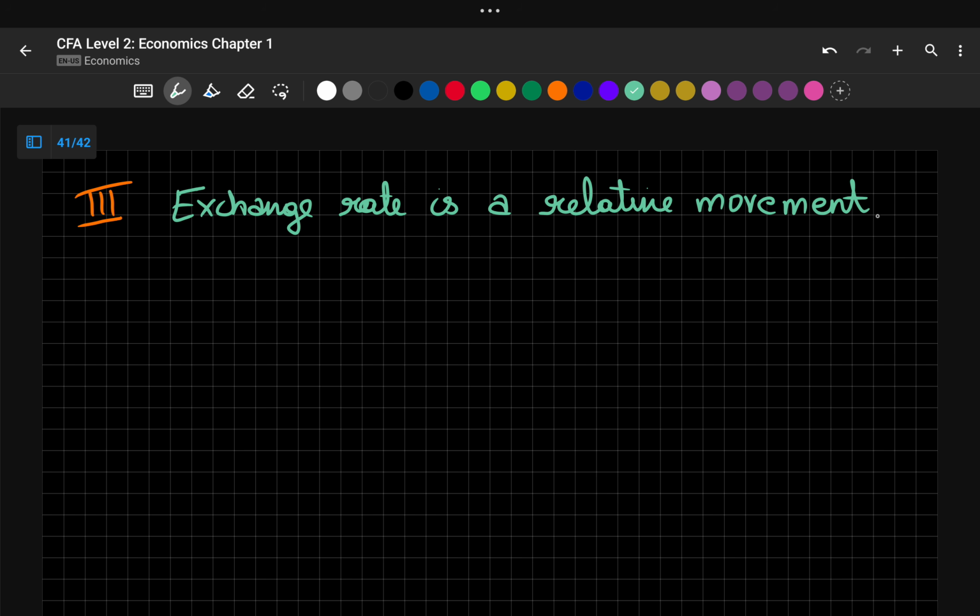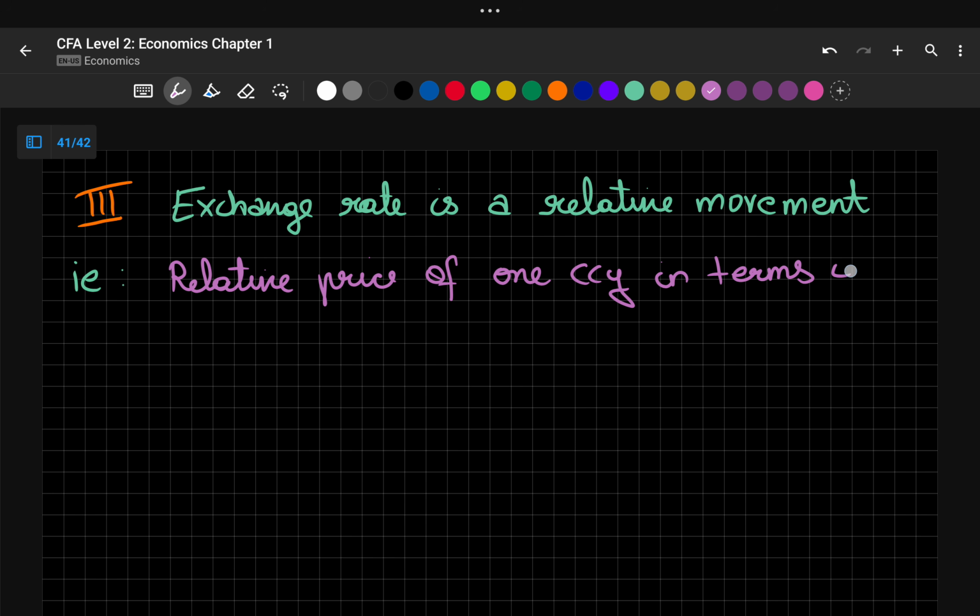It is the relative price of one currency in terms of another.